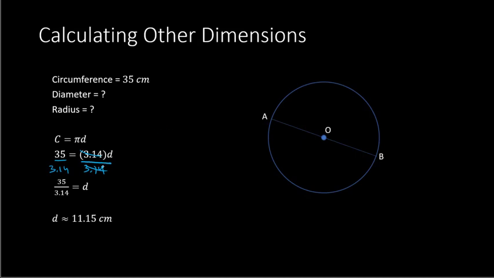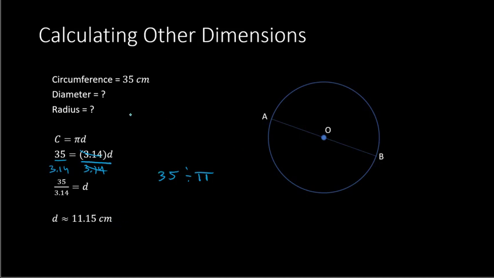Now again, if you have a pi button on your calculator, you could just do 35 and then divide by, and then push the pi button for a more exact answer. But if you don't have that button, you can just type in 3.14, and that would give you a good enough answer for this. So here, the diameter is 11.15 centimeters.